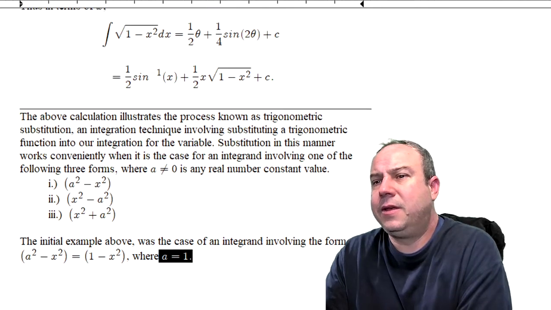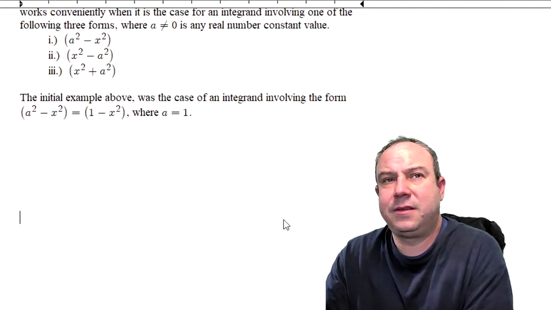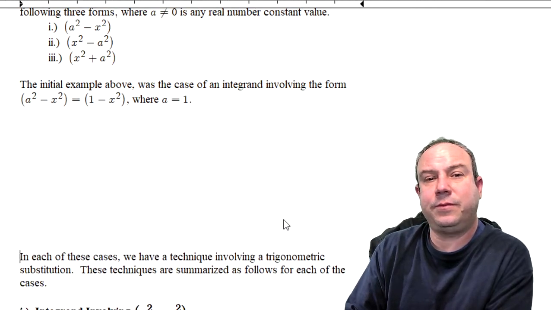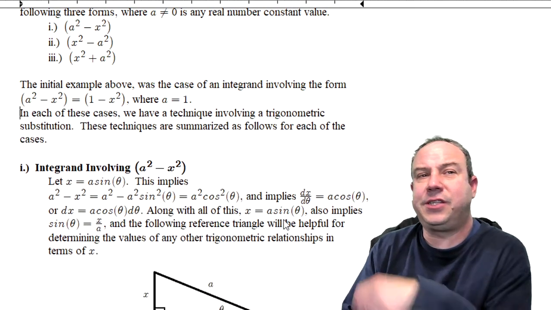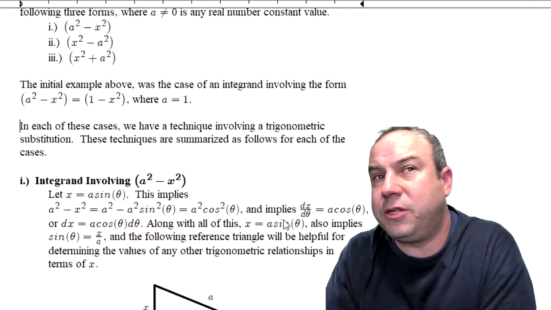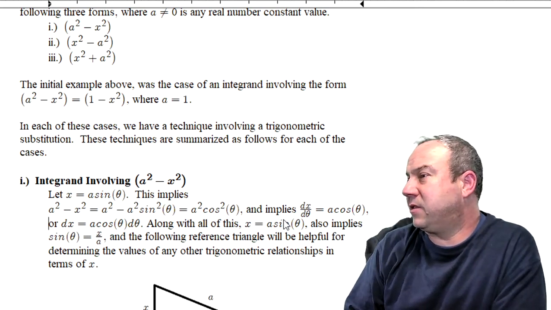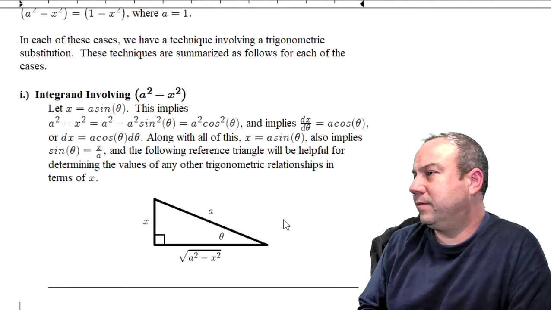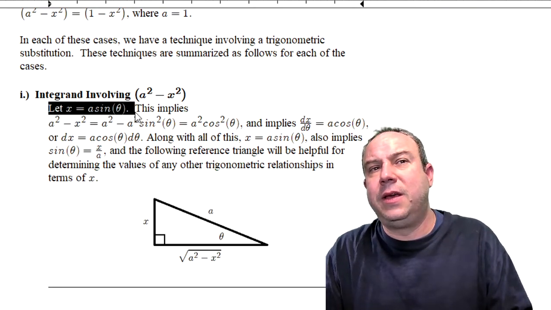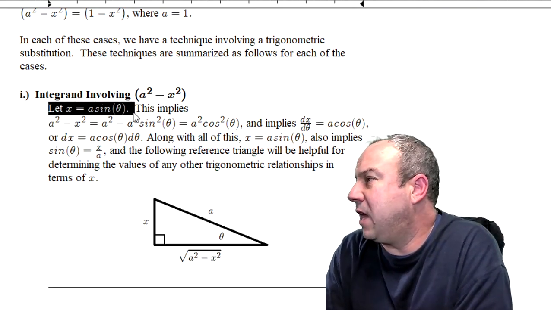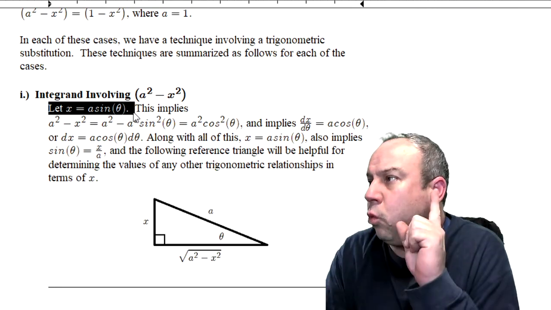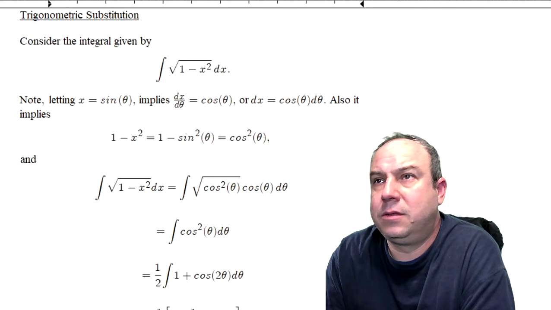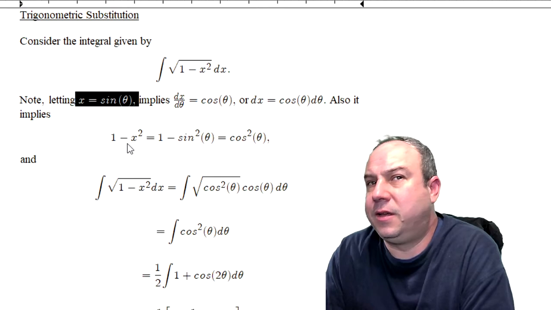All right. The technique is described down here below. In each of these cases, we have a technique involving a trigonometric substitution, where these techniques are summarized as follows. And what we just did was case 1. In case 1, we let x equal a sine theta. I let x equal 1 times the sine of theta in my previous example. That's where I started.